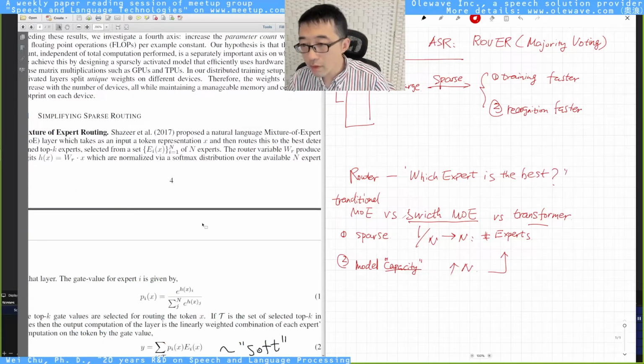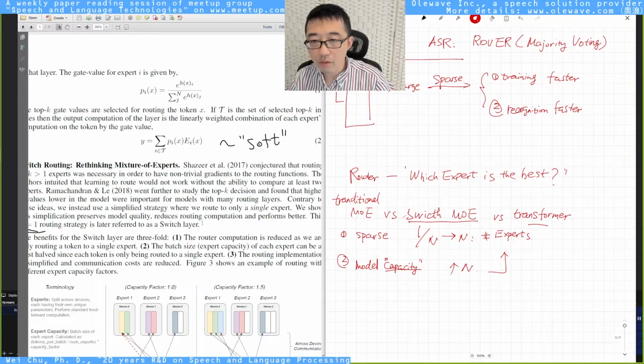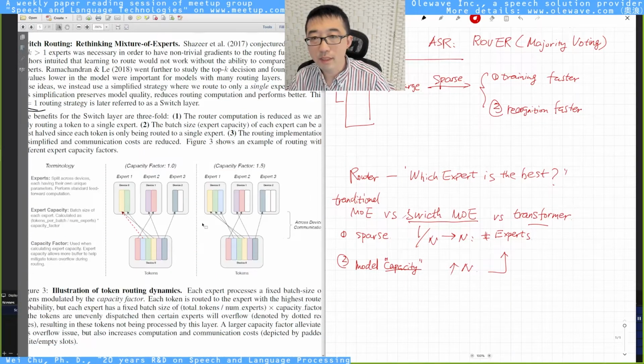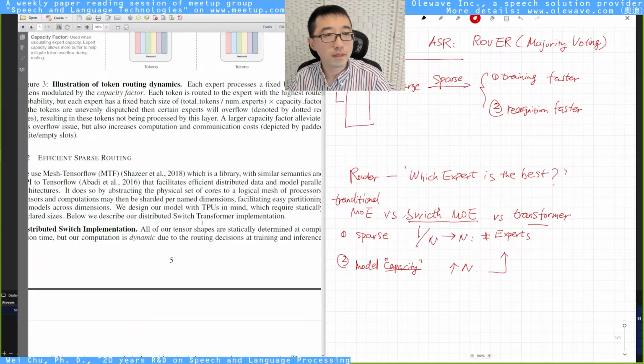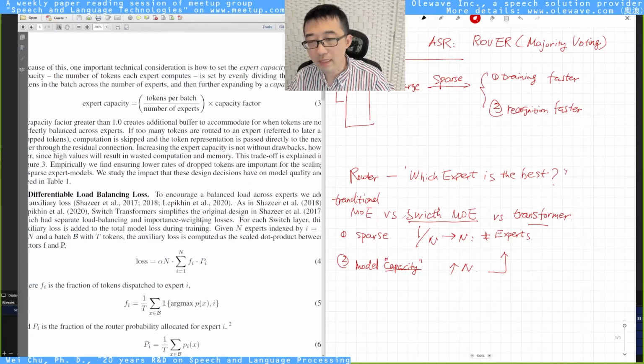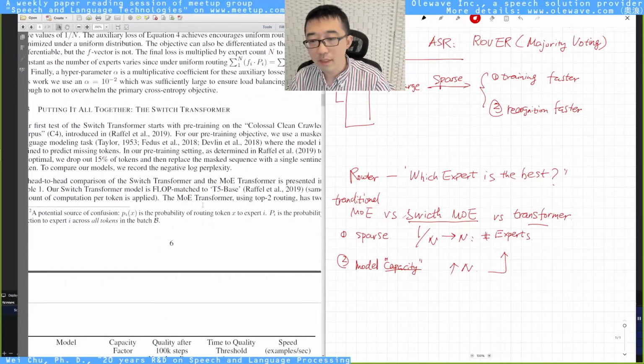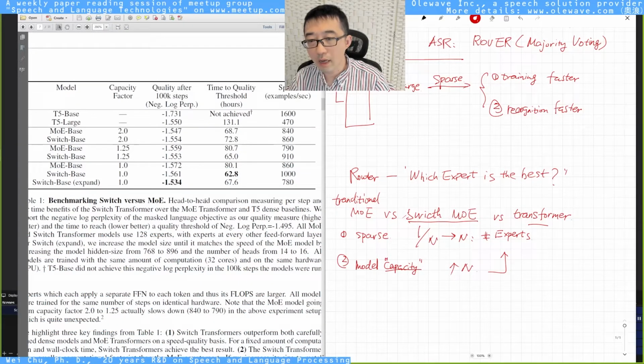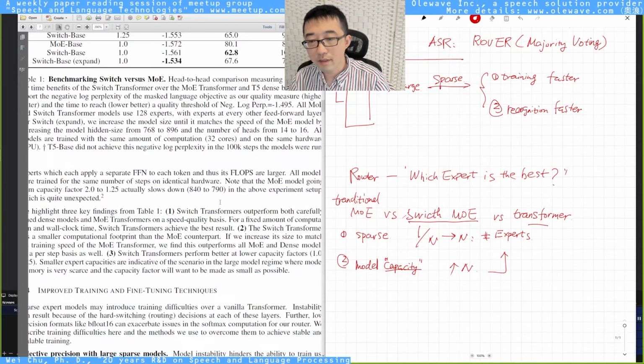And I don't want to go into the very details of the switch transformer, dense model, sparse model, especially the results. Definitely you can see that it's going to be better. It reaches a better trade-off between model capacity and sparsity.